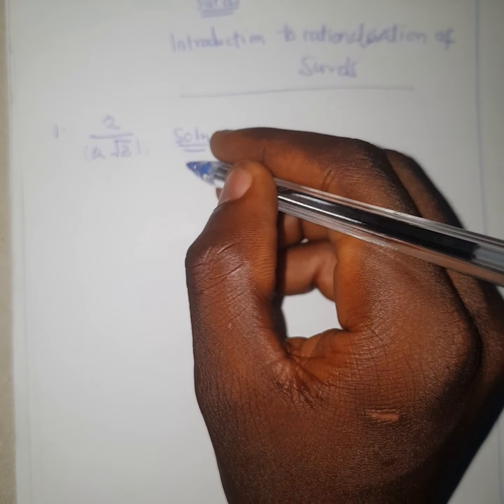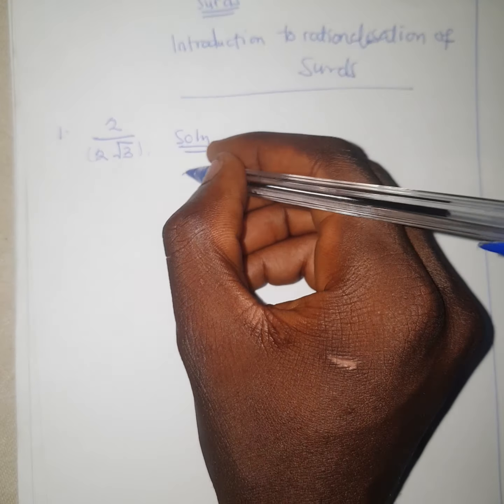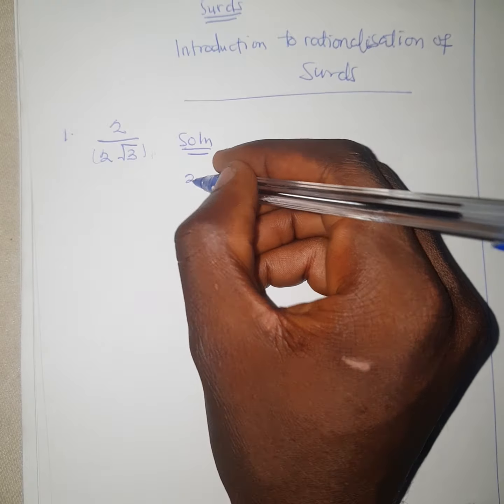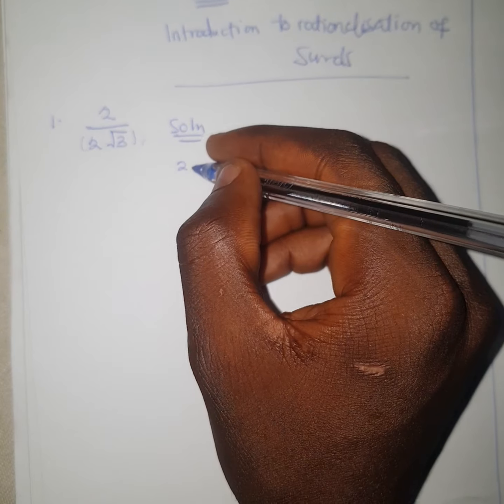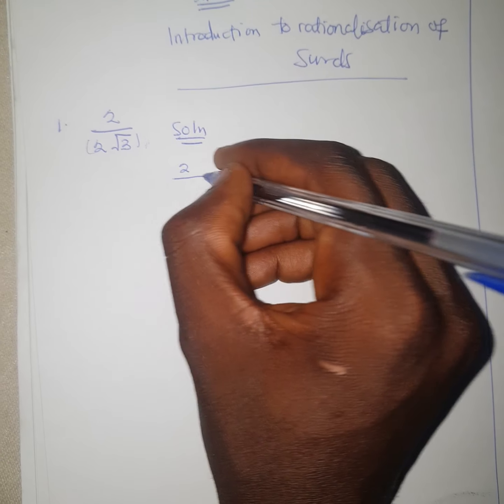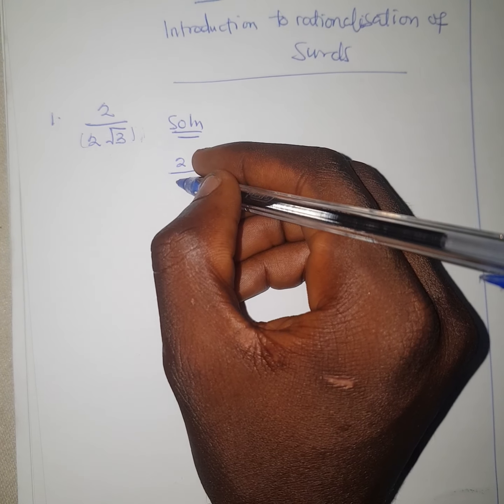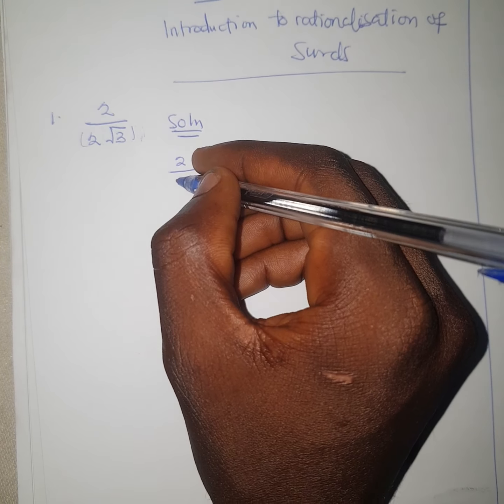So let's pick 2 root 3 as a conjugate, and then we'll also solve for the other one. When picking 2 root 3 as a conjugate, you have 2 over 2 root 3 multiplied by the conjugate, 2 root 3 over 2 root 3.